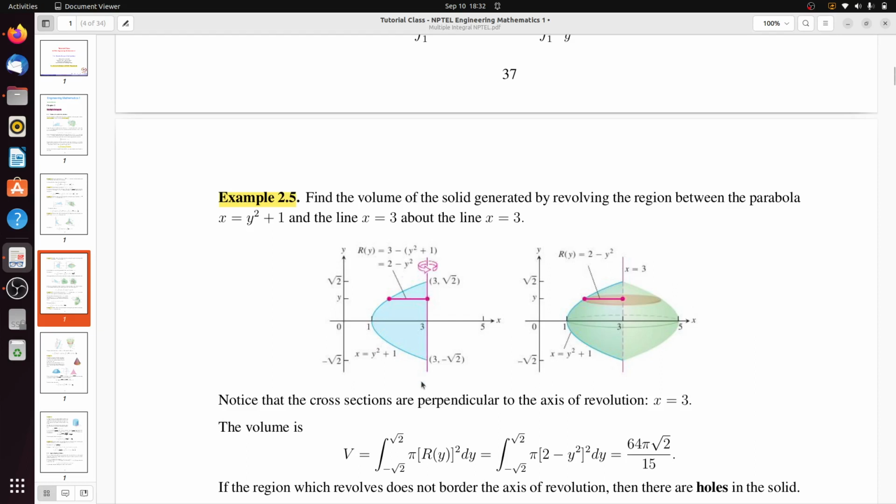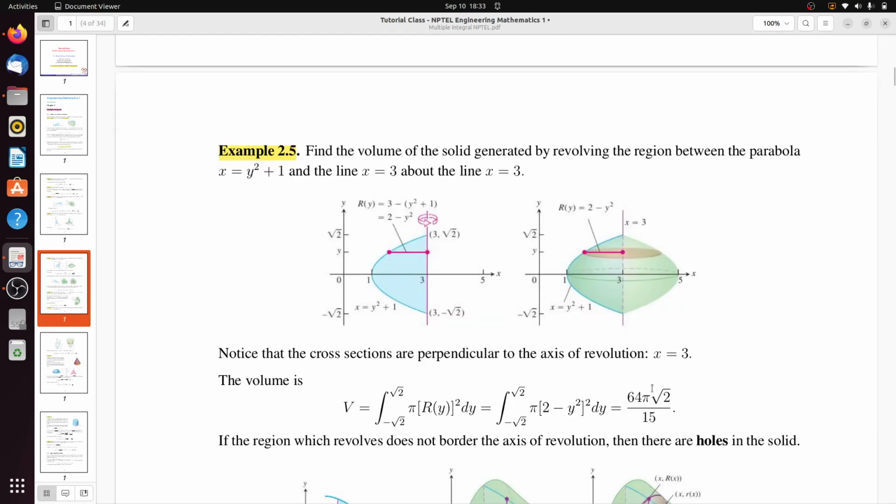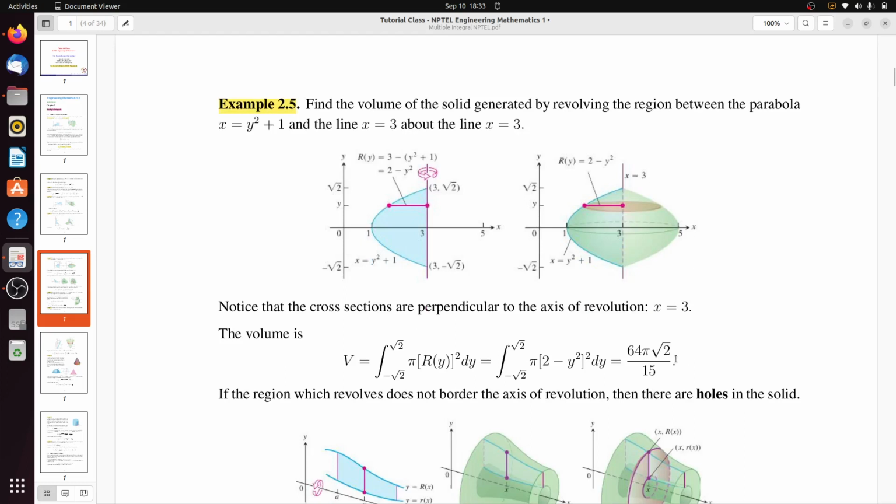Now revolve around it, and the integration will be from minus square root of 2 to square root of 2, with the distance 2 minus y square dy. So this is 64 pi square root of 2 divided by 15.